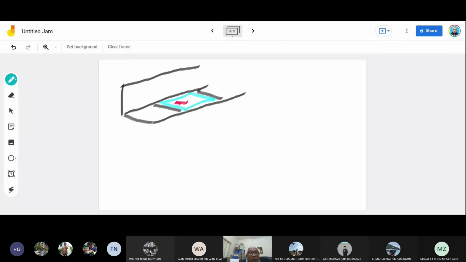So what happened, we already lost area. Here, we lost area. And load equals stress times area.